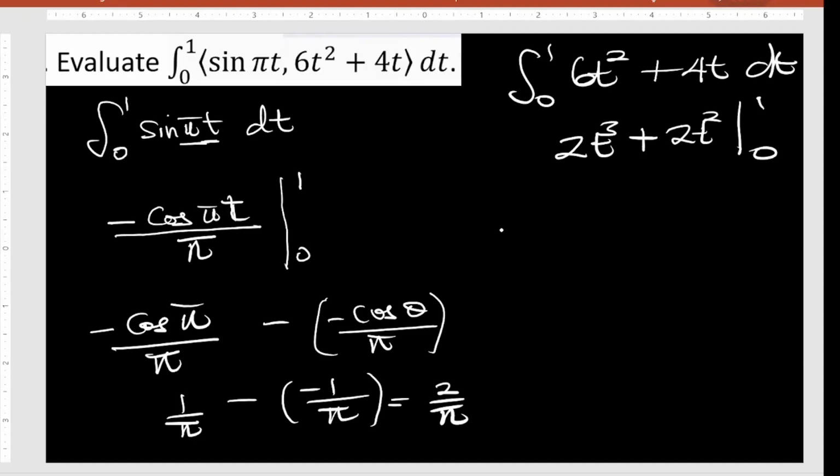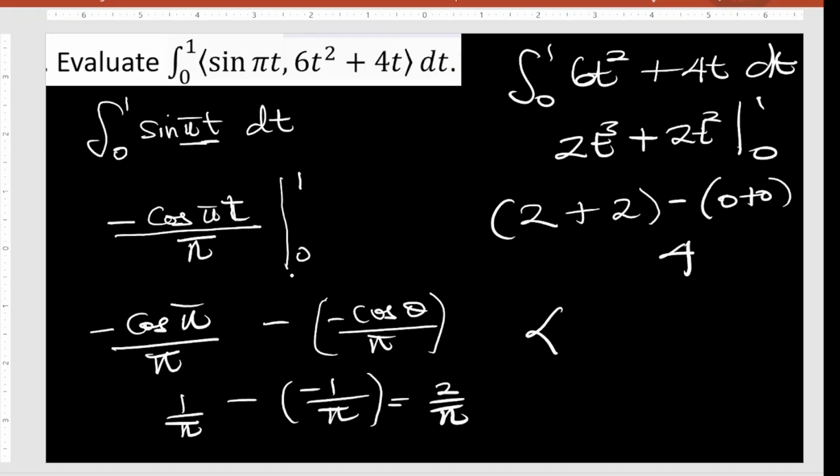When we throw in the upper limit, the 2t cubed will yield 2, and then the 2t squared will also yield 2. And when we throw in the lower limit, it will just be 0 plus 0. The whole expression can now be simplified to 4. So the result of our integration will be 2 over pi and then 4.